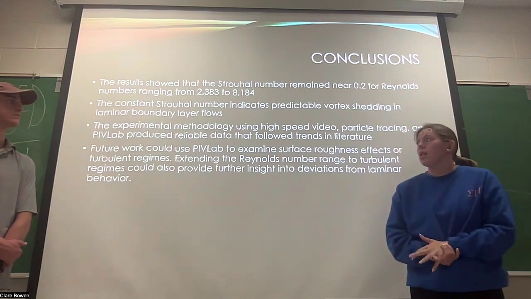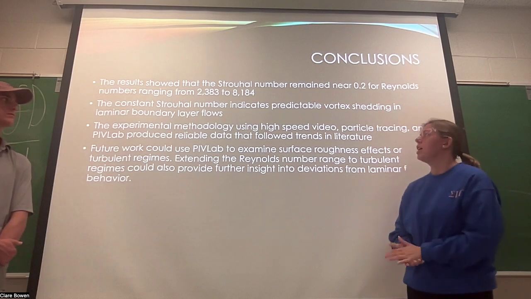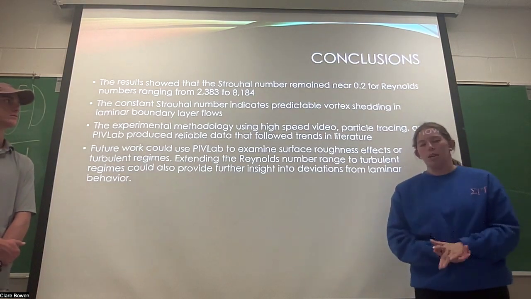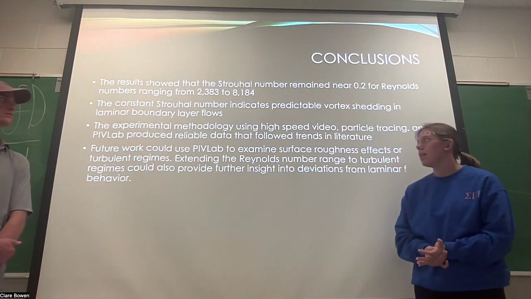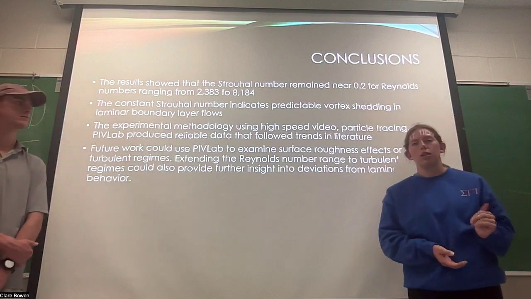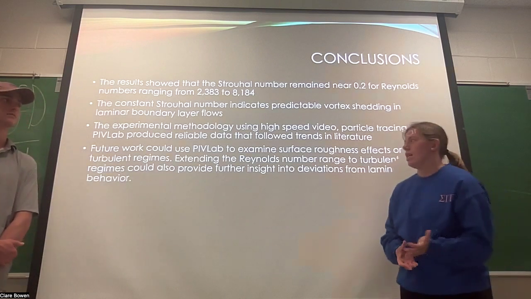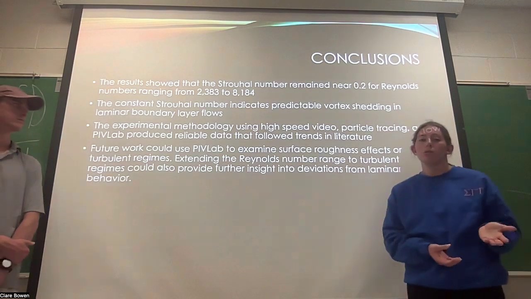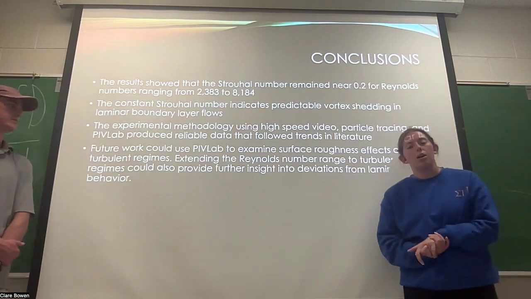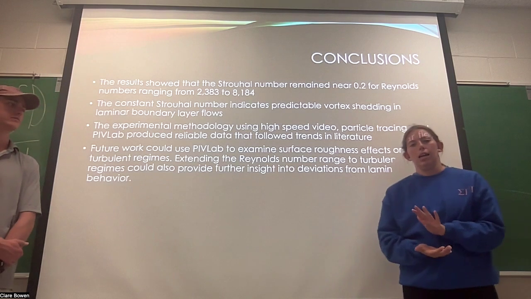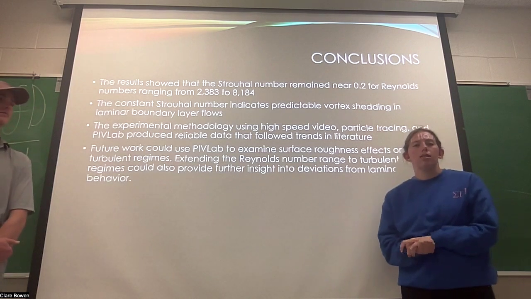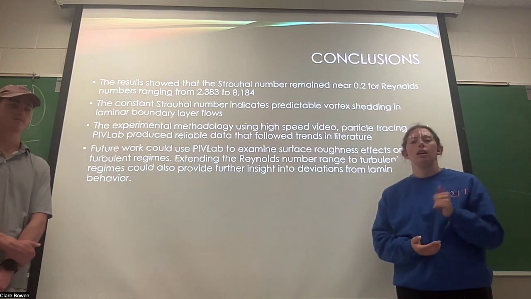Our experimental methodology using the video and the PIV lab produced reliable data following the trends in literature, which once again is good. And we think that in the future, use of PIV lab would be a good way to look at surface roughness on other flows.